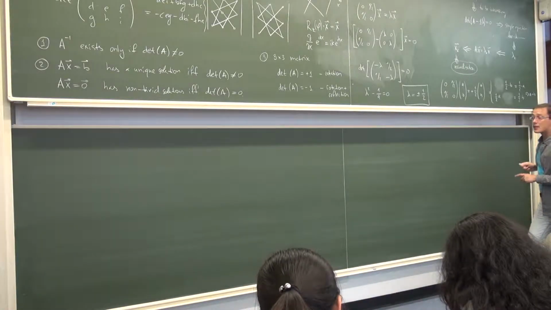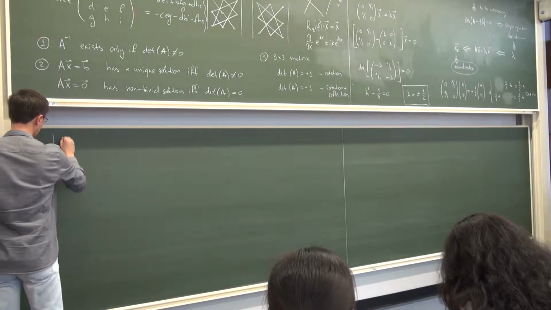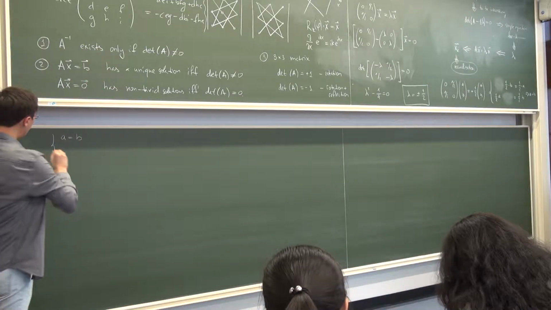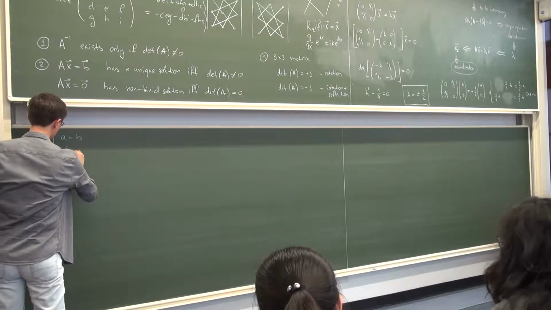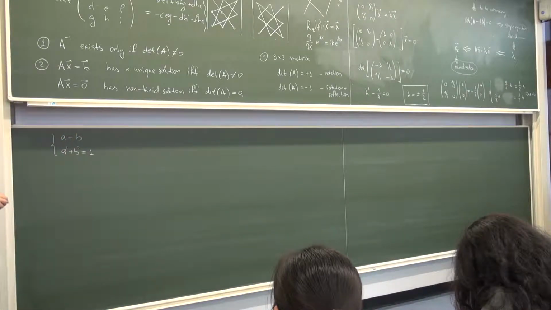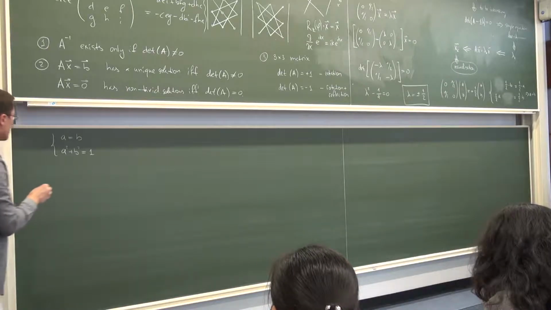And so that gives us the missing equation. So now we have A equals B, which is what we got. And the second is A squared plus B squared equals 1, which is the condition for the vector to have unit length. From here it is reasonably easy to solve.